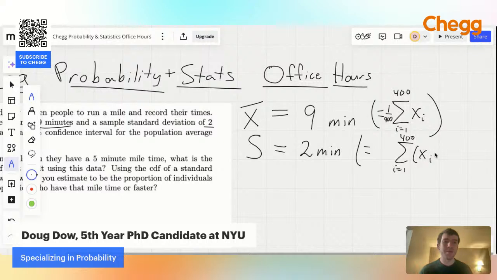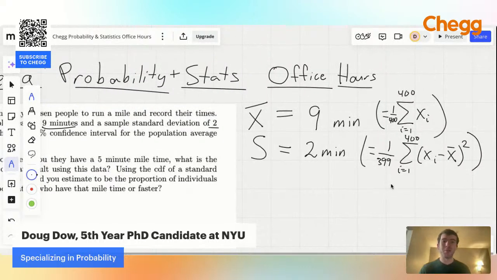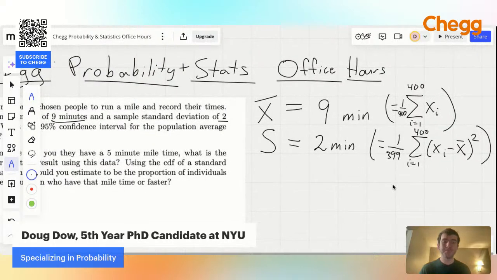So you take x_i, these are the mile times for each person, subtract that from your mean, square that, sum all of those across your entire data set, and take the average. Often you might see divided by just n, 400, but for the sample standard deviation, technically we're supposed to divide by n minus 1. So we divide by 399. But that's not so important for this problem. That's just if you're curious about what the formula is.